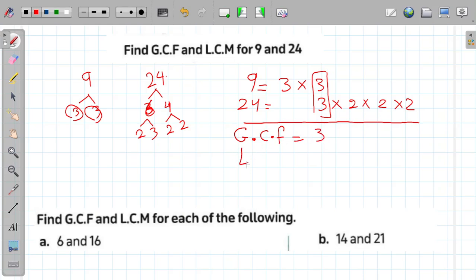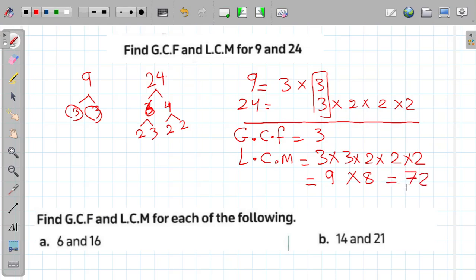And the least common multiple will be 3 from the first column. Next I have 3 and 2 and 2 and 2. So 3 times 3 equals 9. 2 by 2 by 2 equals 8. So 9 times 8 equals 72, and 72 is the least common multiple between the two numbers.